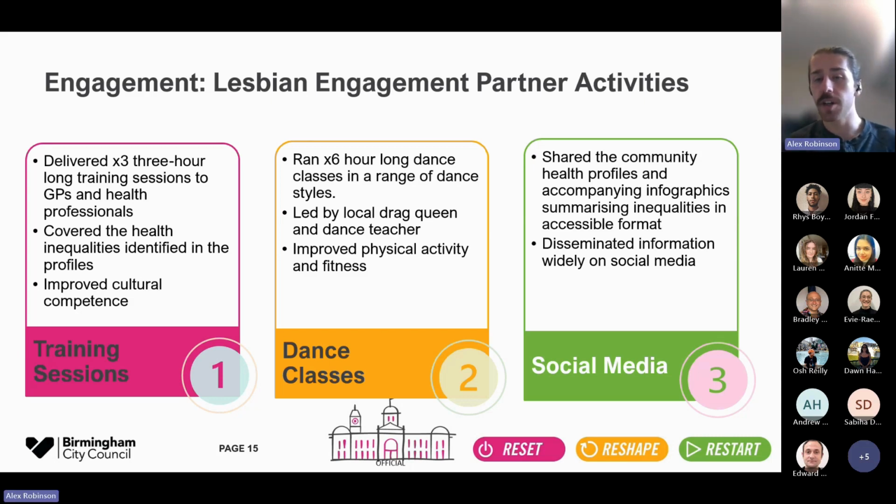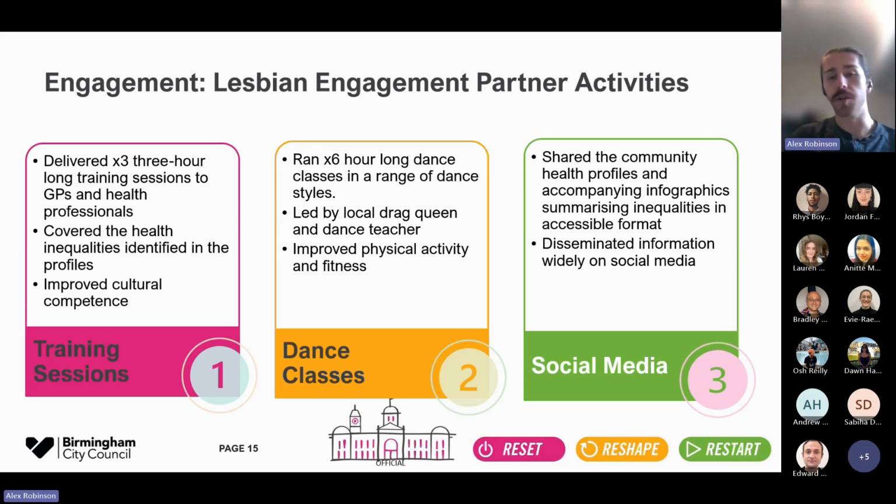The second intervention was the delivery of 6 one-hour-long dance sessions led by a local drag queen and dance tutor. And those were designed specifically to address issues around physical activity and obesity among lesbian people, which was identified within the community health profile.